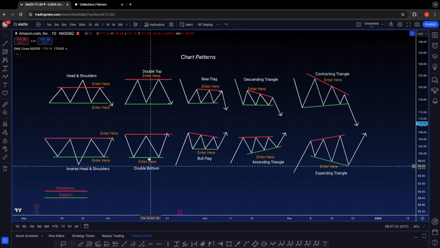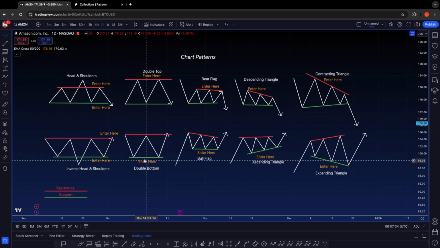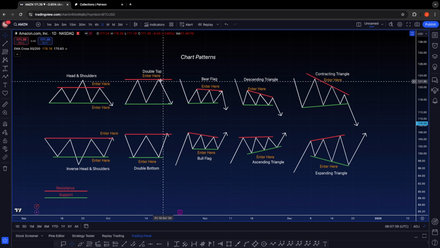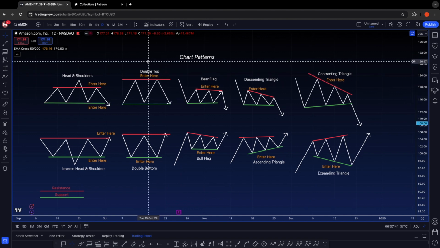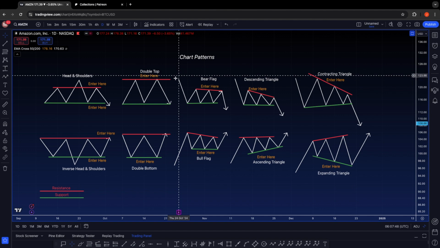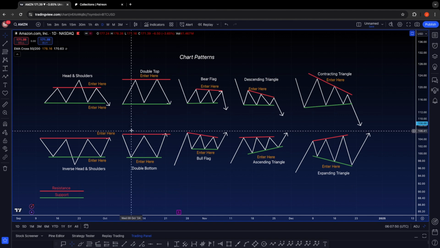So resistance here, equal lows, resistance down here. Your ideal entry point is at the double top. But the problem here is a lot of the time, this pattern is going to be either part of a larger pattern, or this is not going to last forever.